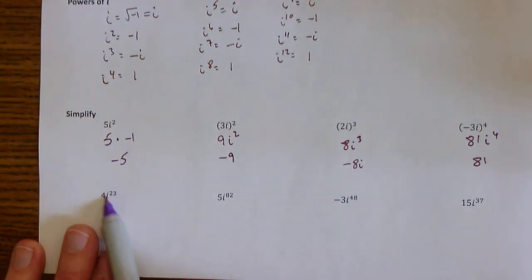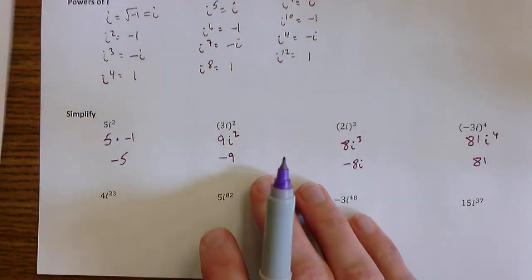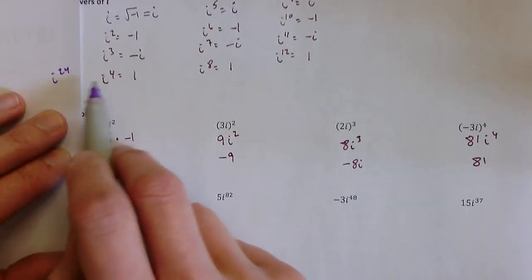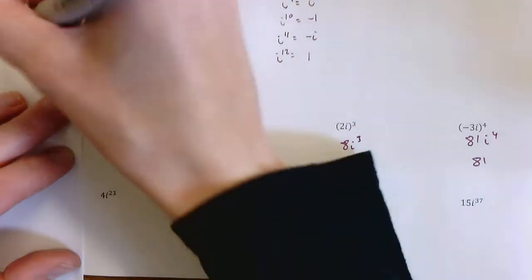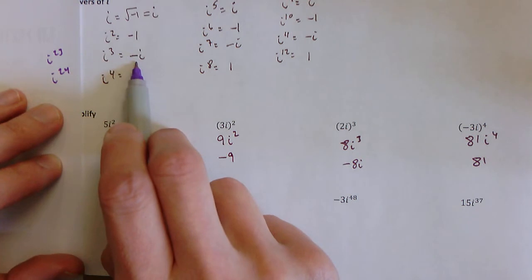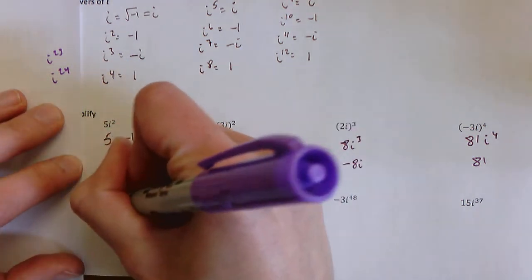So when I want 23, what I want to do is figure out, well, what's the nearest multiple of 4 to 23? Which in this case would be 24, right? So I know that i to the 24th would be here in my cycle. So when I want i to the 23rd, that would just be 1 above it, right? So i to the 23rd is negative i. So 4 times negative i, negative 4i.